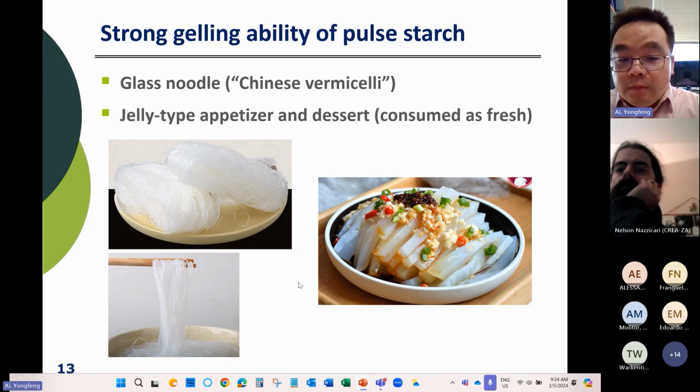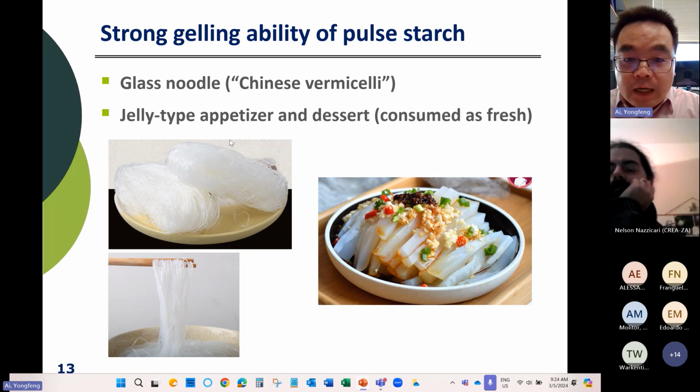In some regions in East Asia, what I learned is that some residents consume these noodles as their staple food. So they actually consume a large volume of the starch over there. But unfortunately, in North America, we don't eat so much, even though we can find this product in local restaurants.